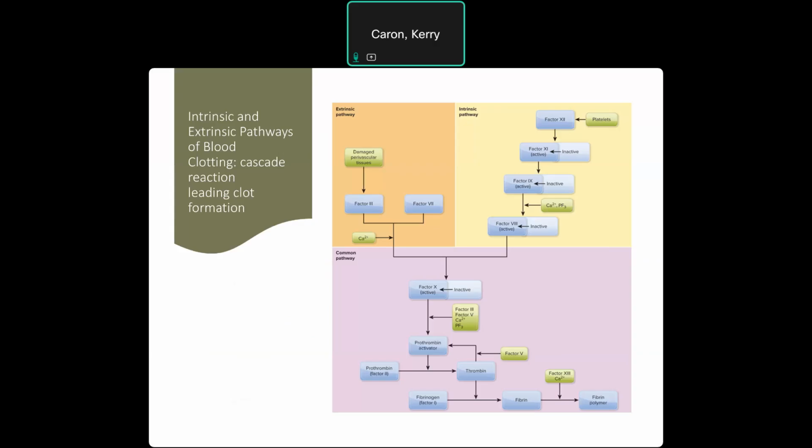Okay, this gets a little fancy for our taste, but it gives you an idea of that blood factor. We call it a cascade reaction. Different blood clotting factors get activated to help form a clot.